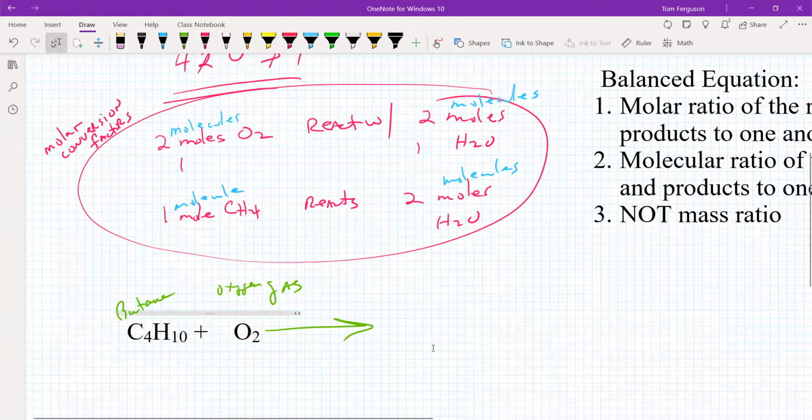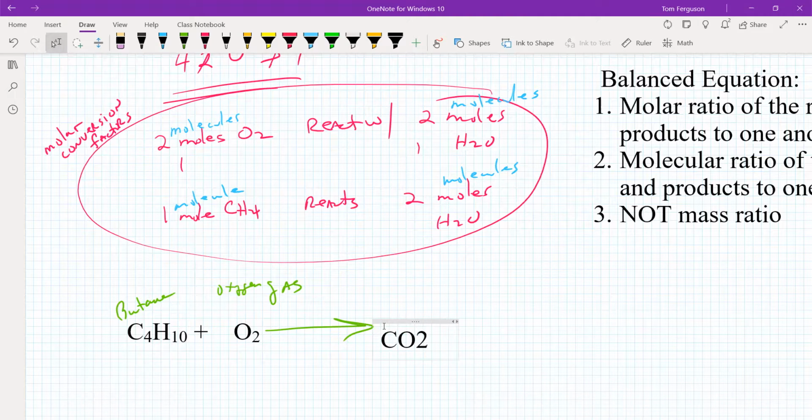Assuming we have excess oxygen, we're going to get carbon dioxide and good old water. Okay, so is this balanced as written?